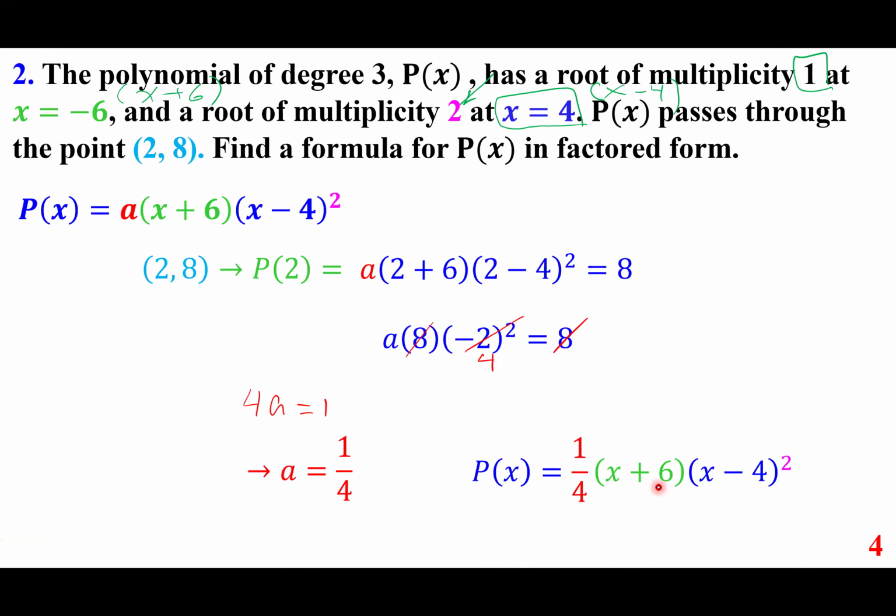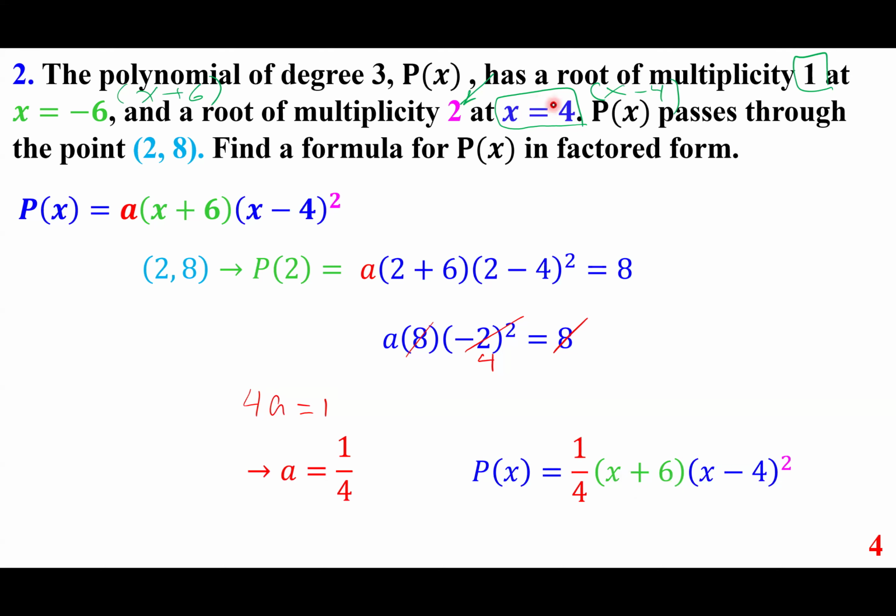So to give you an idea of what's going on, a polynomial of degree 3 must have 3 roots. The total number of roots, including complex roots, is n. One of them is given as x equals negative 6. That means the factor of interest is x plus 6.